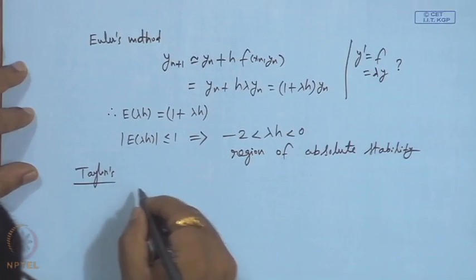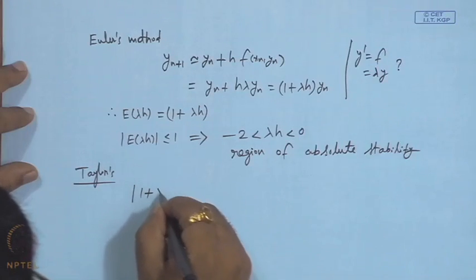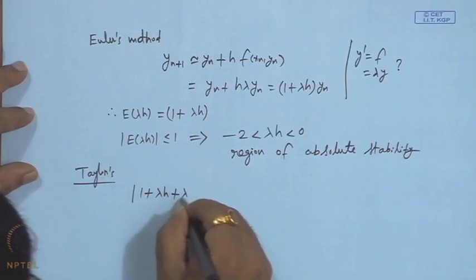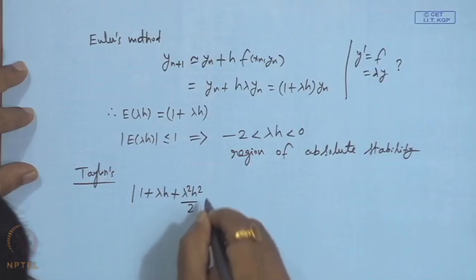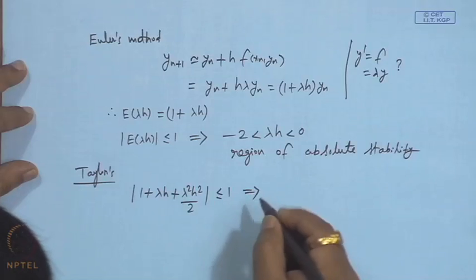Okay. So, then Taylor's method, suppose up to 2 terms, 3 terms.